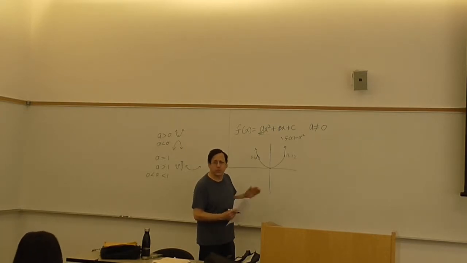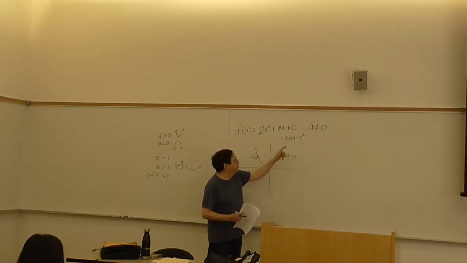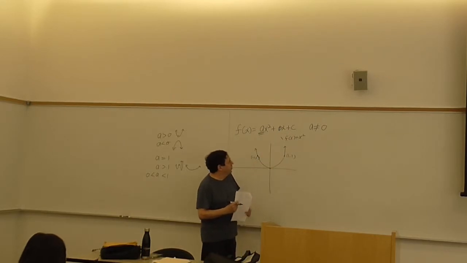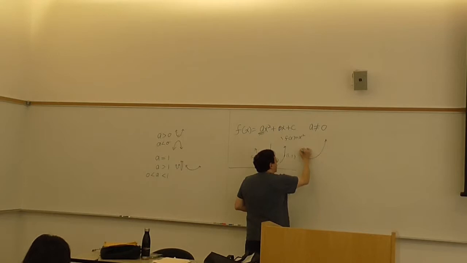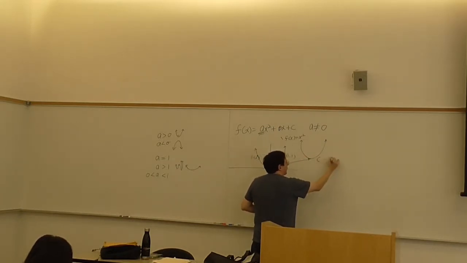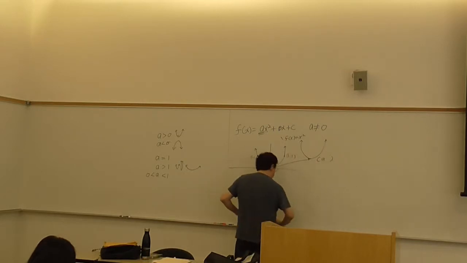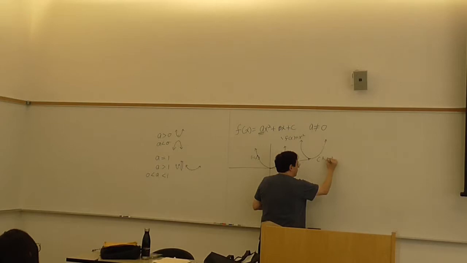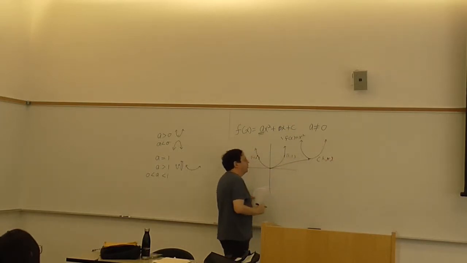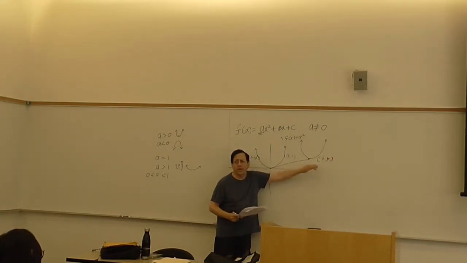All the points will shift depending upon b and c. So what we really want to know is where the vertex is. This is going to be at some point h, k, typically used. So we want to be able to find h, k.